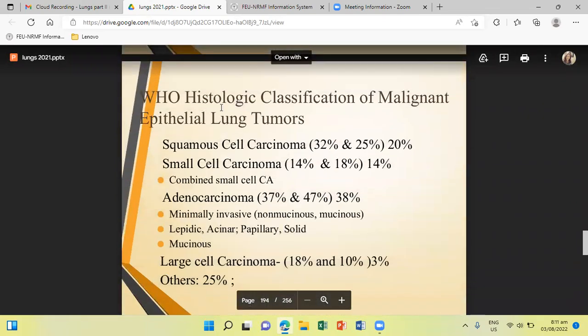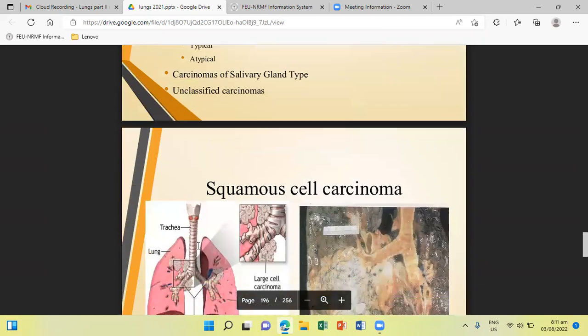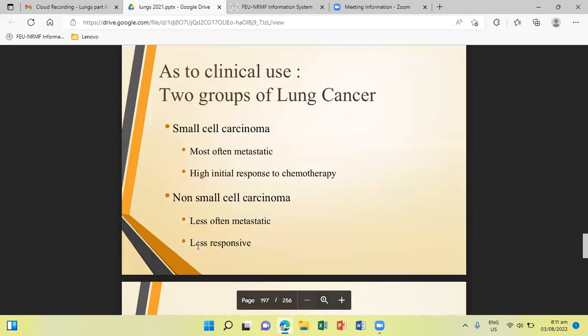That's why it is termed histologic classification. As I have mentioned, generally speaking, we call it either small cell or the rest belonging to the non-small cell group. So let's try to go back here. This is because prognosis-wise, it is important to distinguish.